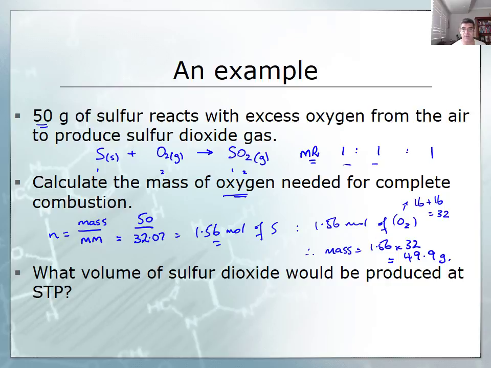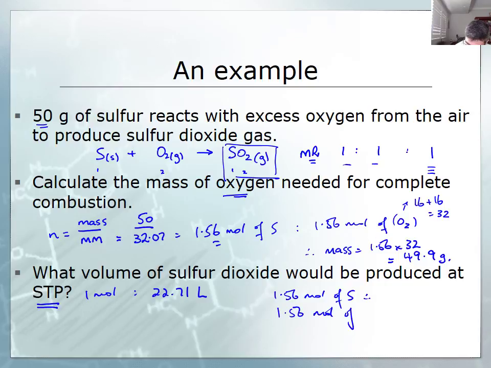And what volume of sulfur dioxide would be produced at STP? Standard temperature and pressure is 1 mole to 22.71 litres. So for the volume of sulfur dioxide, I need to know the number of moles, and I said my ratio is 1 to 1 to 1. Therefore, if I have 1.56 moles of sulfur, I will produce 1.56 moles of sulfur dioxide.